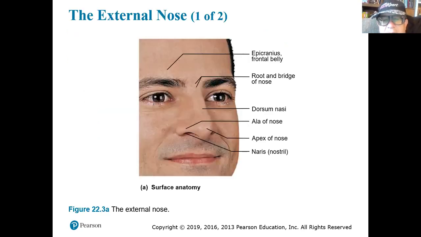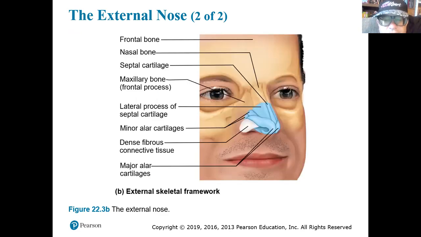All right, epicranius, root and bridge of the nose, dorsum nasi, ala, apex. Okay, ala right there. Apex and nares. Great. Moving on. This is made out of your frontal bone, your nasal bone, the septal cartilage.